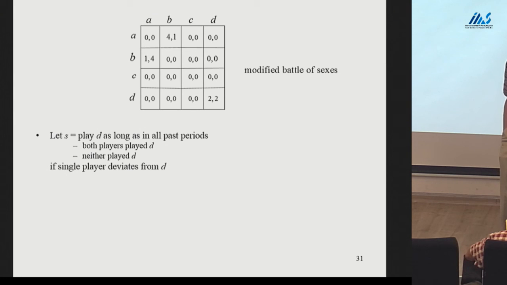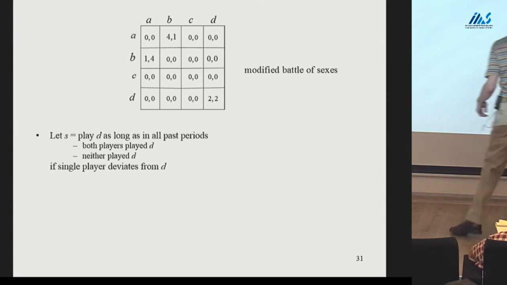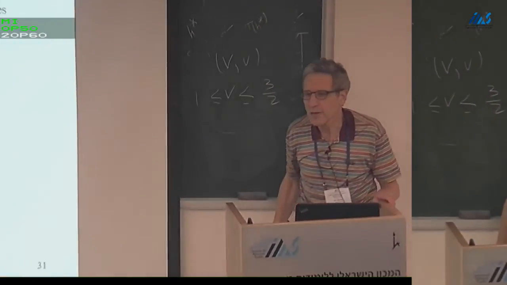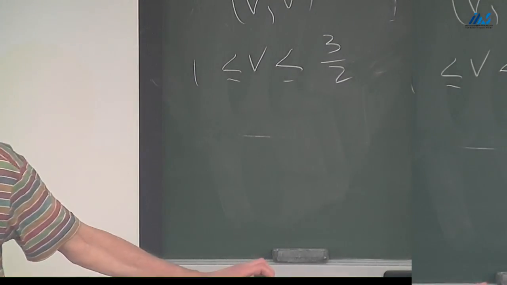So there are strongly efficient evolutionarily stable strategies, but there are also evolutionarily stable strategies which are not strongly efficient. And for this game, any payoffs V, V such that V is between 1 and 3/2 can be sustained in an evolutionarily stable way.